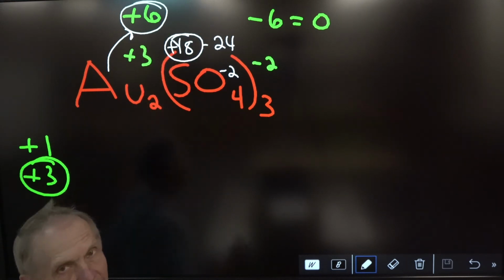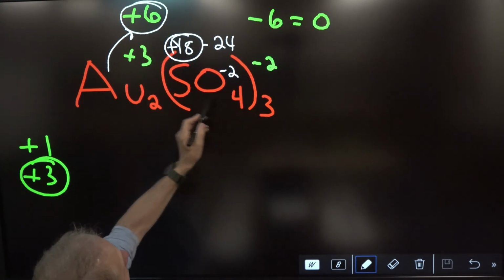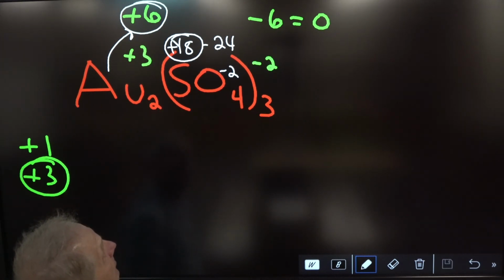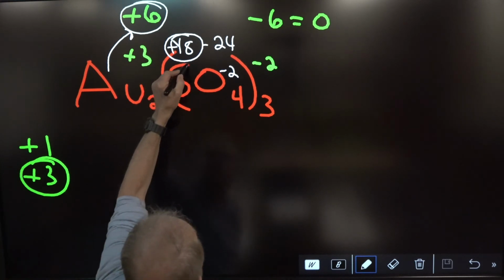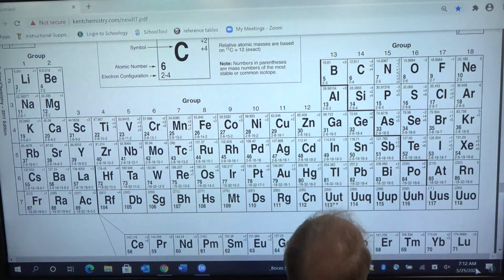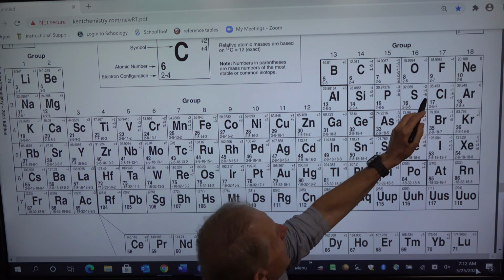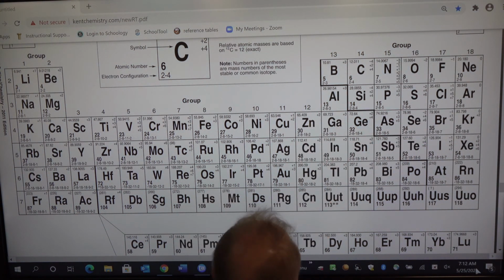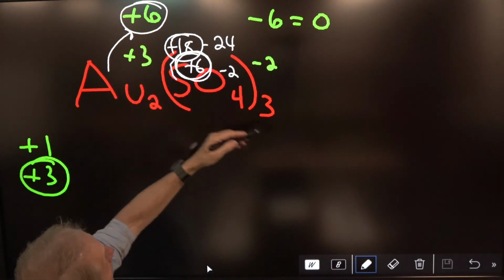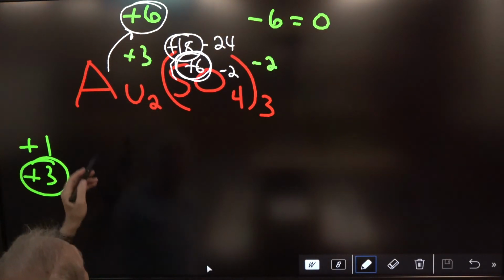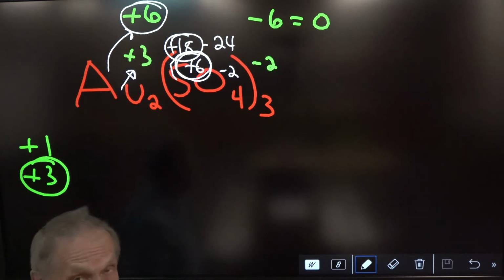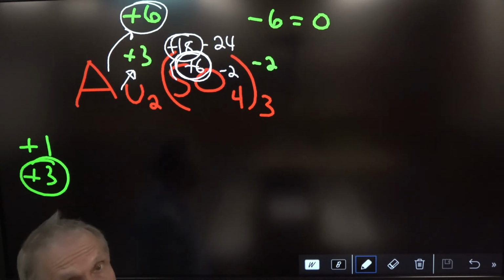Now, obviously, sulfur doesn't have a +18, but we have to remember there are 3 sulfurs. So each sulfur should be a +6. So let's see if there's a +6 for sulfur. There's sulfur, and there is a +6. So we're good with that. So now the name of this crazy thing would be gold, Roman numeral 3, sulfate. And that's a very, very difficult one.